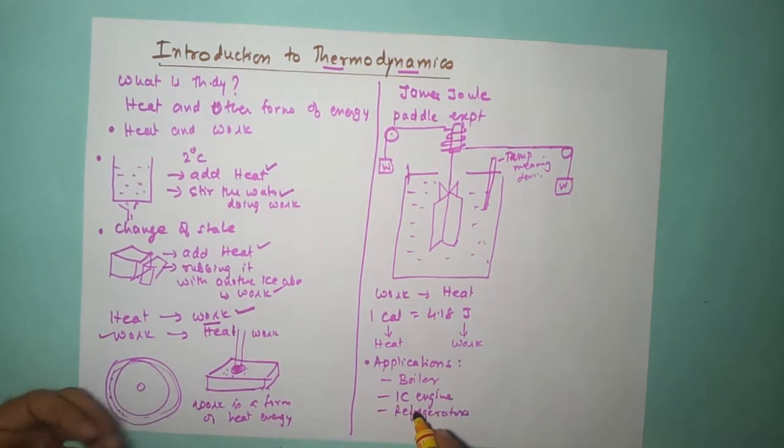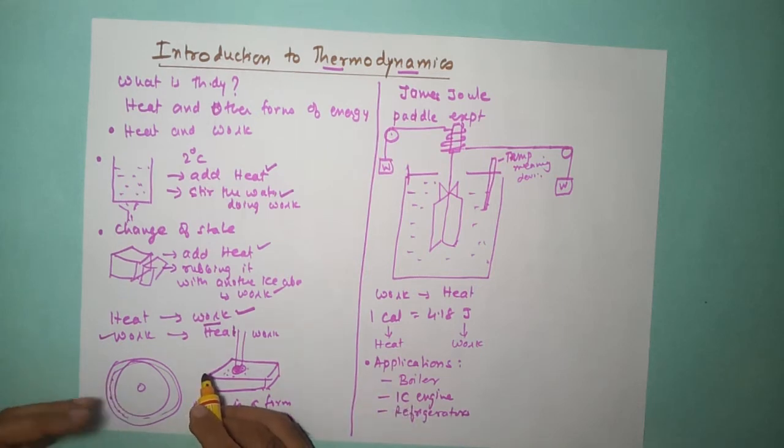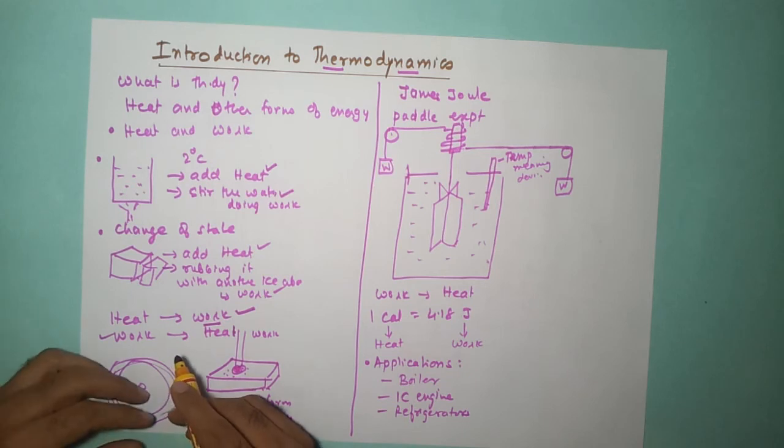The extraction of heat by a refrigeration system is an example of thermodynamics. So these are some of the common examples of applications of thermodynamics, and if you plan to study engineering in future, you'll be studying these things in more detail. Okay, with this background, you'll be better equipped to understand the topics on thermodynamics that are coming up in the future videos. Thank you.